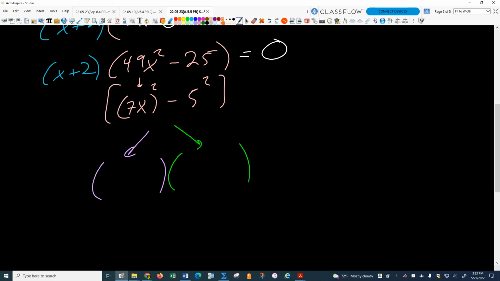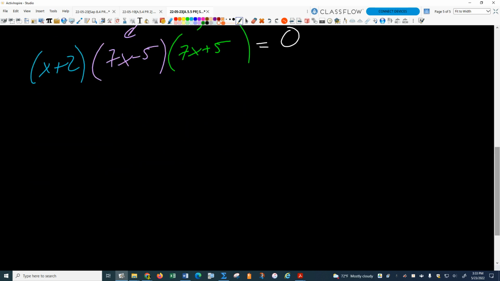Right, but if we're just going to use that pattern, a squared minus b squared, that's going to give us 7x minus 5 times 7x plus 5. Good. And then don't forget the x plus 2 out front. The whole thing is equal to 0. Now, if we just set each factor equal to 0, we got them. What's the 0 of that factor?